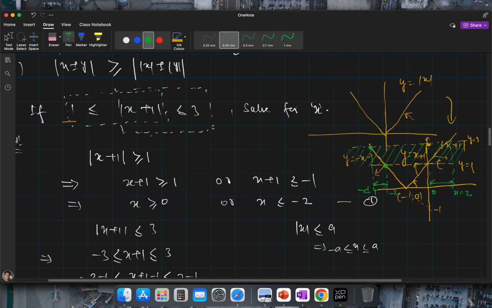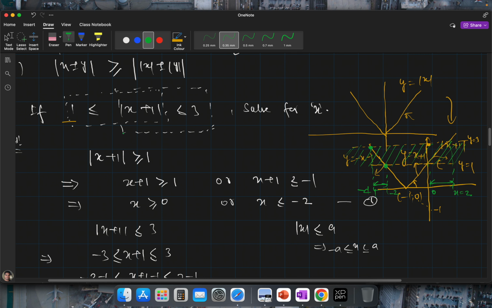According to the graph and the question asked, that is mod x plus 1, right? Yes. And for that equation, the solution would be only 0 to 2. Why 0 to 2? Because the equation of the line which the question is asking is only mod x plus 1, not mod minus x minus 1.